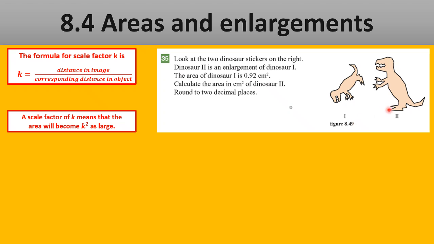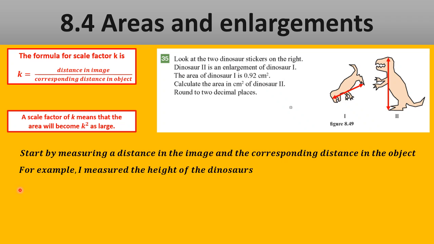So some of you might take the length of his foot here and the length of this foot, or the distance from his tail to his head, as long as you take two corresponding distances. I, for example, here took the length from his toe to his head, and I take that one here as well, because that is the corresponding distance in my object.